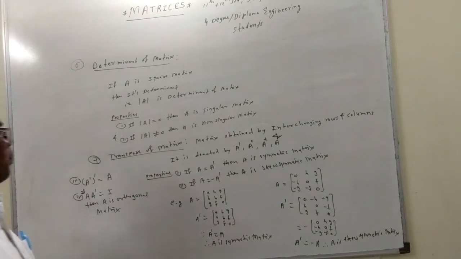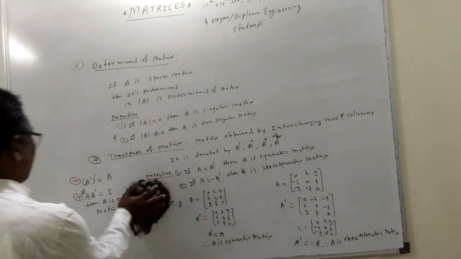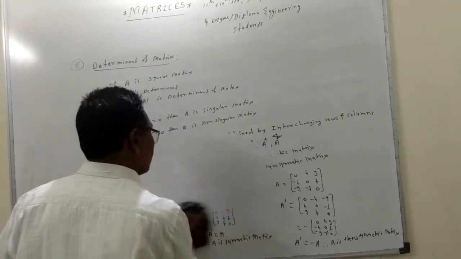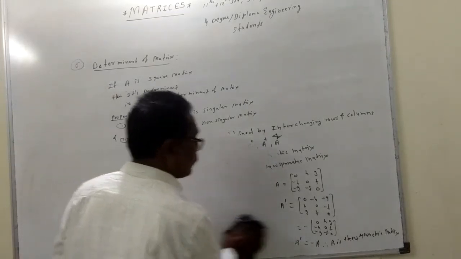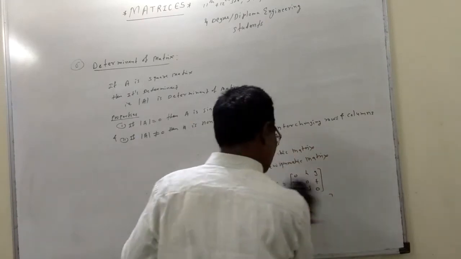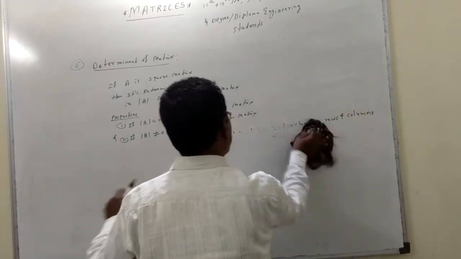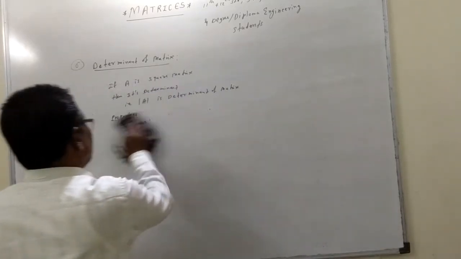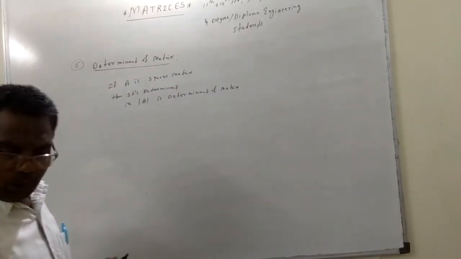So these are some properties of the transpose of the matrix. One more property we get here.